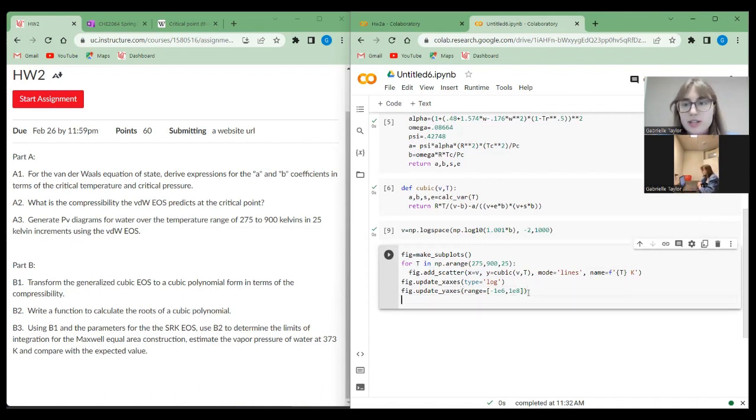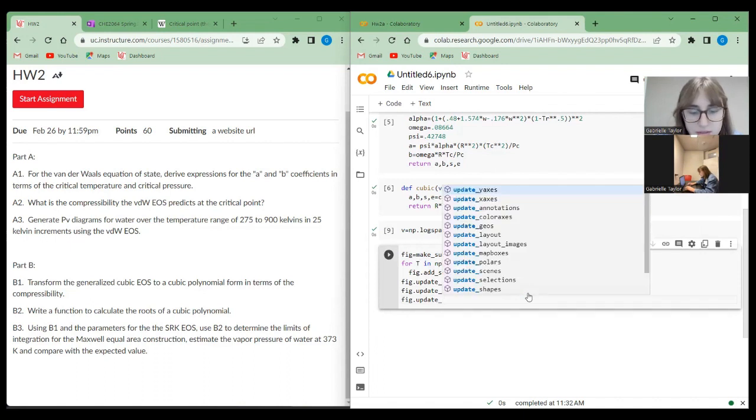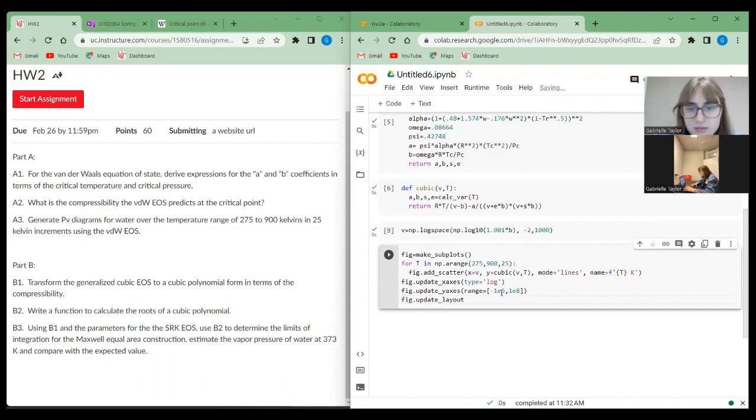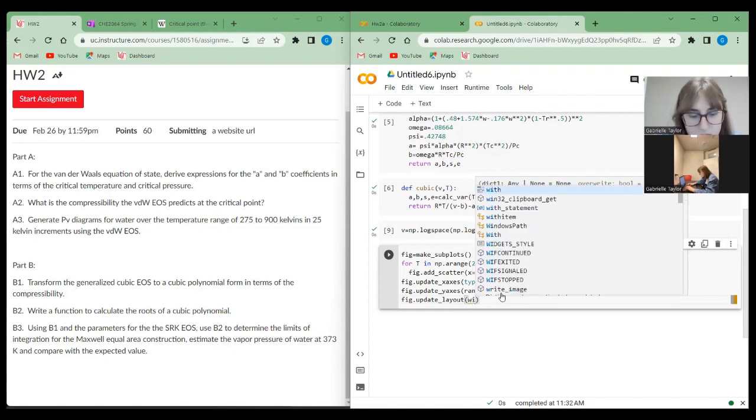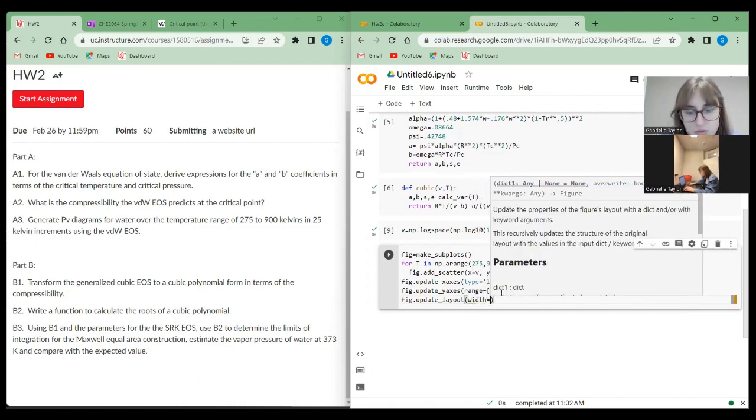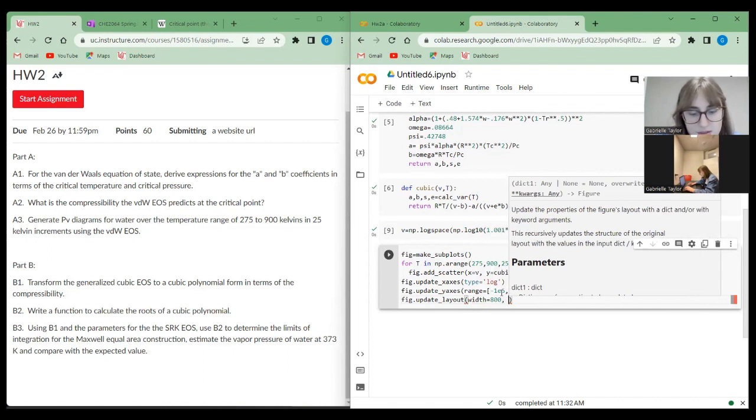Now we have a range, and let's update our window space. Let's do fig update layout, so we're updating our layout, and let's do width equals 800 and height equals 600.